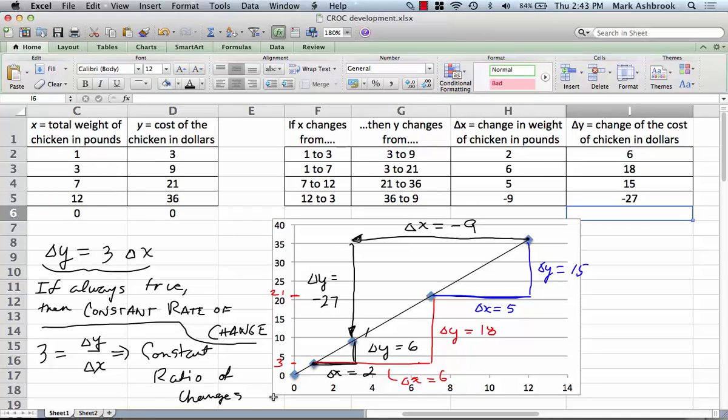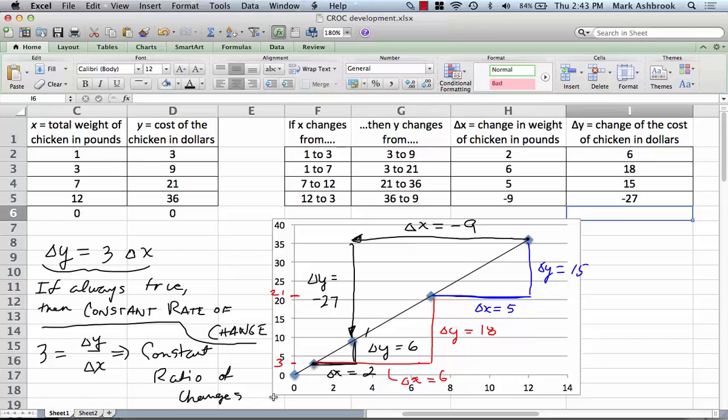Okay, so what was summarized at the end? Well, again, the change in one quantity, delta y, is a constant multiple of the change in the other. We also have the fact that this ratio of delta y to delta x is a constant.